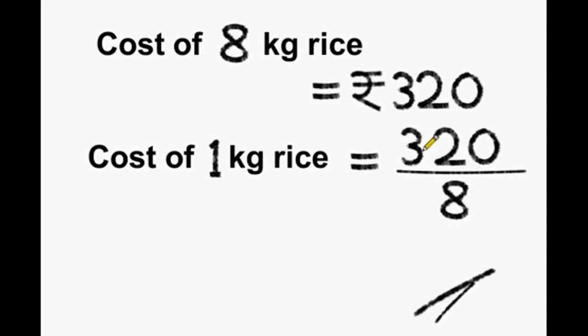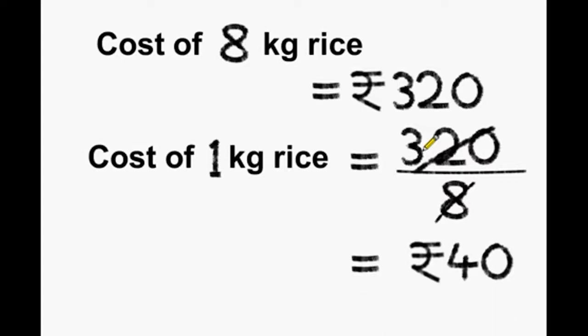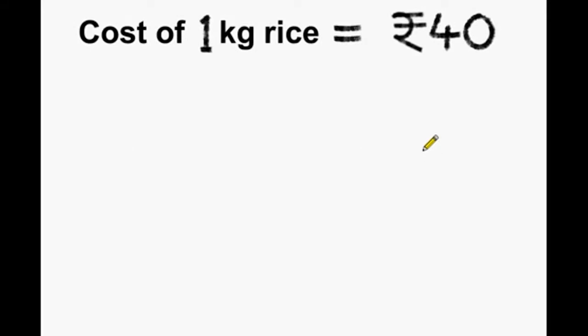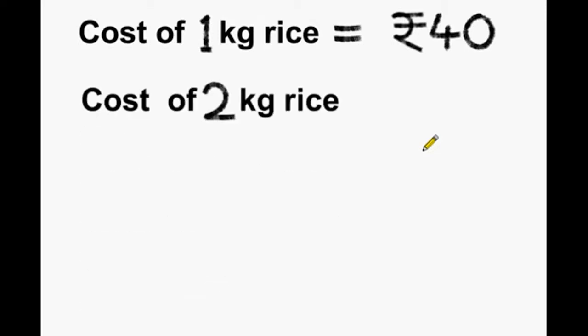So, 8 fours are 32 and 8 zeros are 0. So, the cost of 1 kg of rice would be rupees 40. Now that we know the cost of 1 kg of rice, which is rupees 40, we can find the cost of 2 kgs of rice, which would be 40 multiplied by 2.